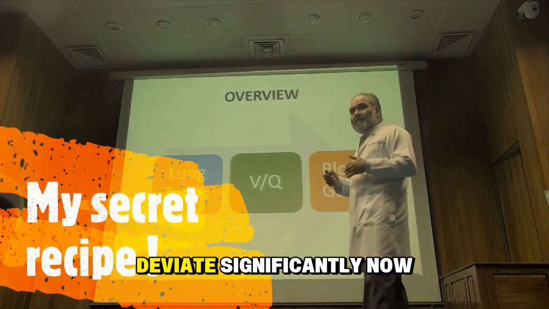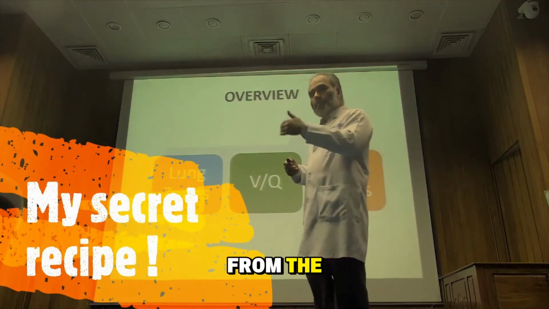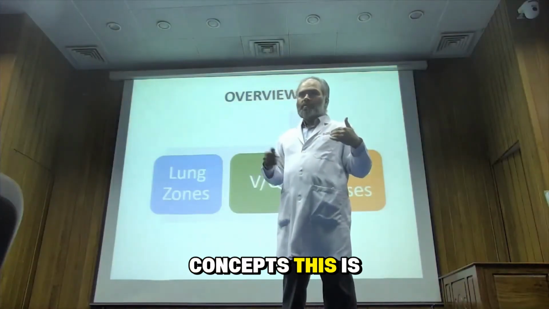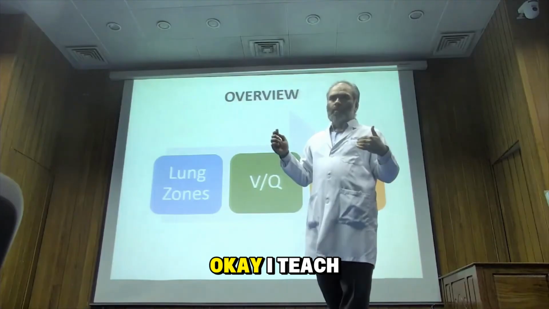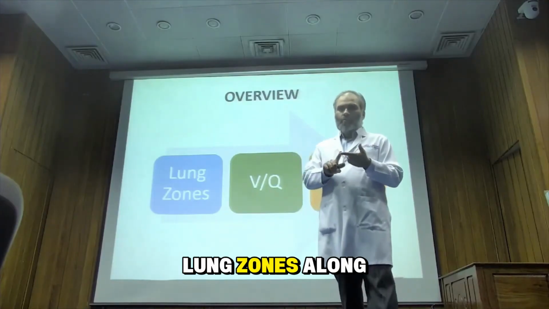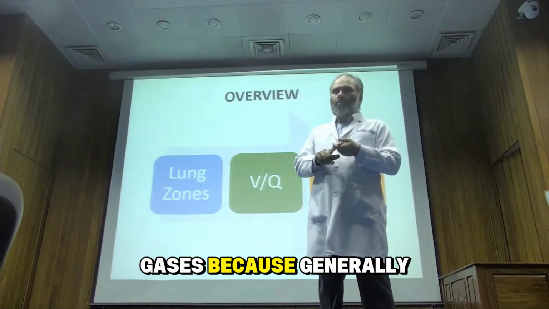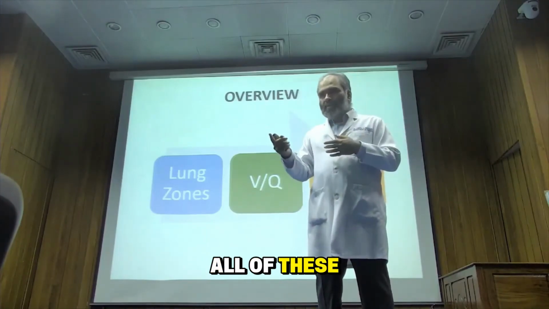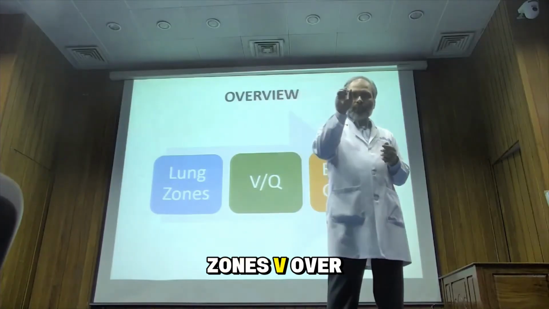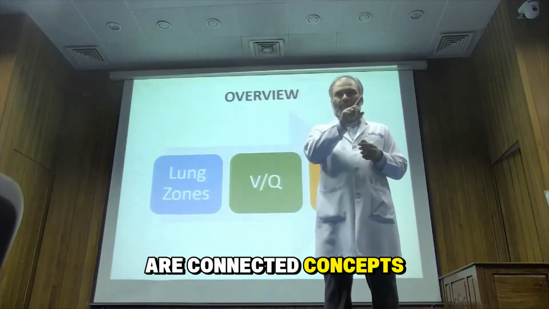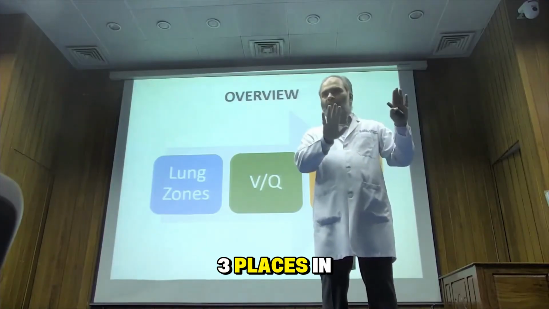I deviate significantly now from the way Guyton has presented concepts. This is my own recipe. Okay, I teach lung zones along with VQ and along with blood gases, because generally all of these are connected. Lung zones, V over Q, and blood gases are connected concepts. However, they are given in 2-3 places in Guyton.